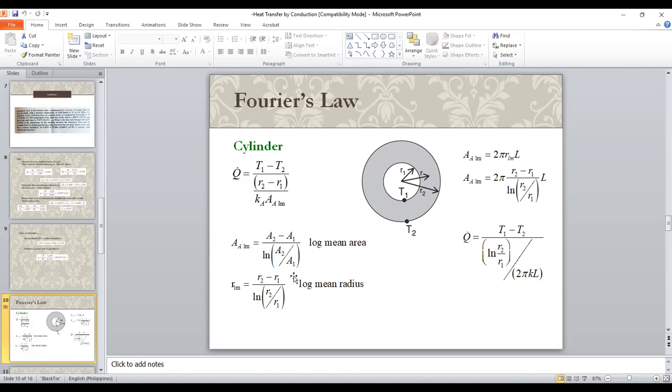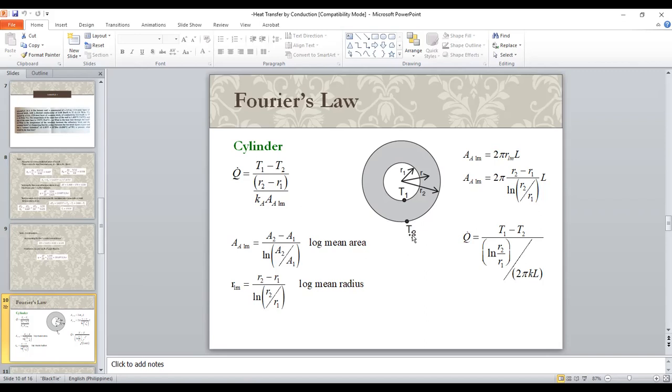Now, where do you get this area 2 and area 1? This is how you compute for area 2 and area 1. If you have a cylinder, I'm not sure if you had solid mensuration class in senior high. If you have a cylinder, your area for heat transfer is to be viewed as the face of that cylinder.